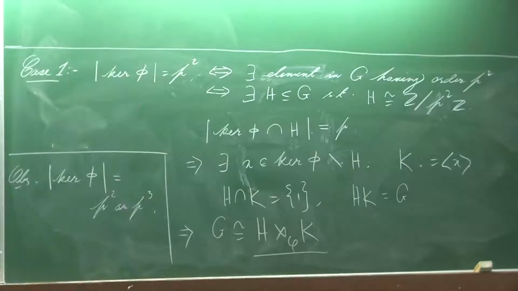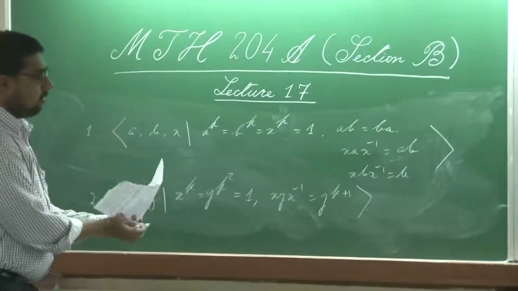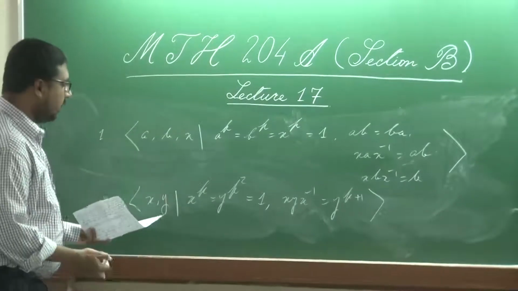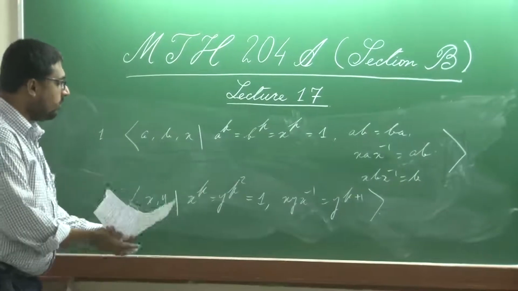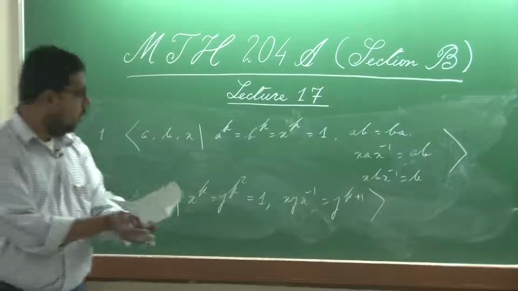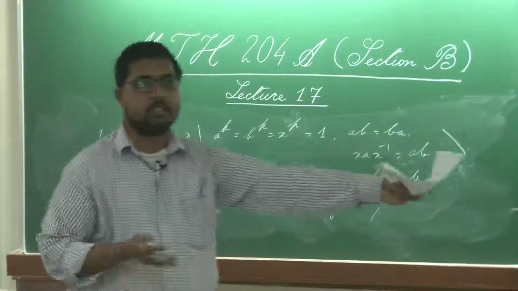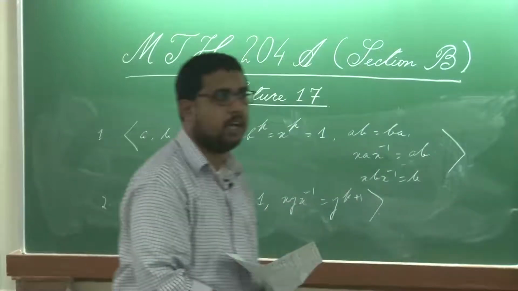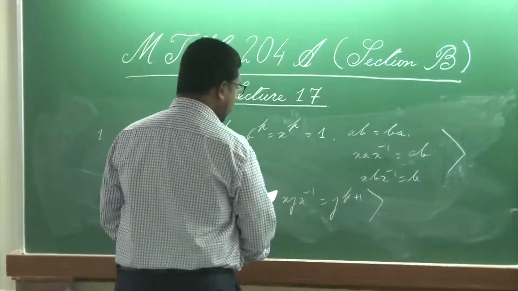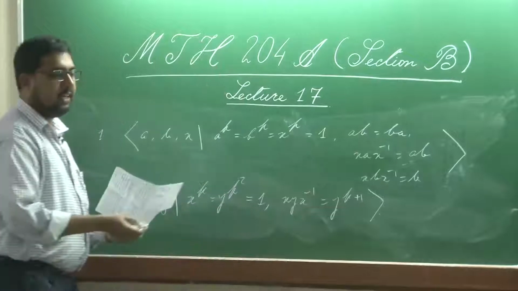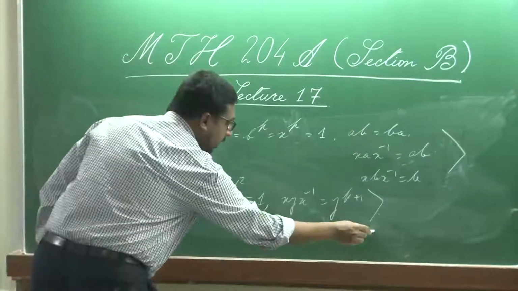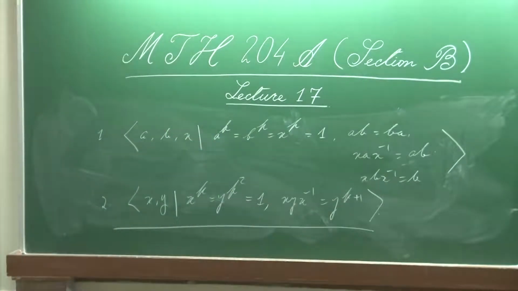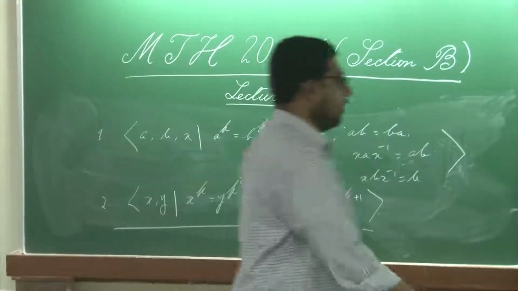And earlier we have seen that by means of a non-trivial homomorphism from Z modulo pZ to Z modulo p square Z, and then taking the semidirect product, in this way we are going to get one and only one nonabelian group, namely this one.